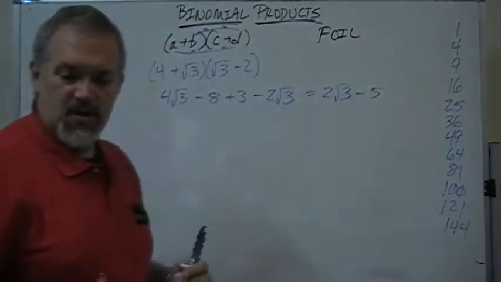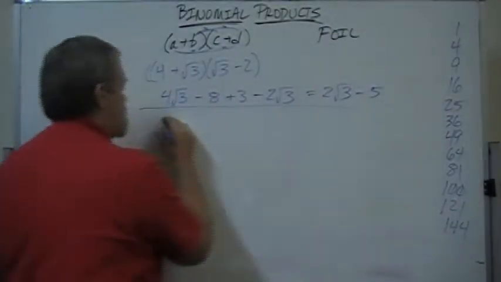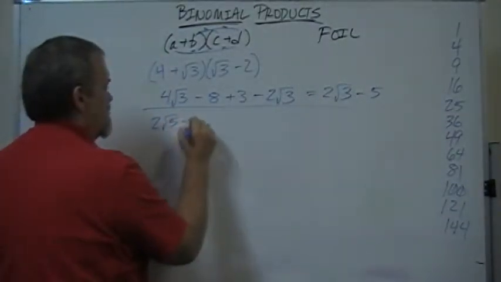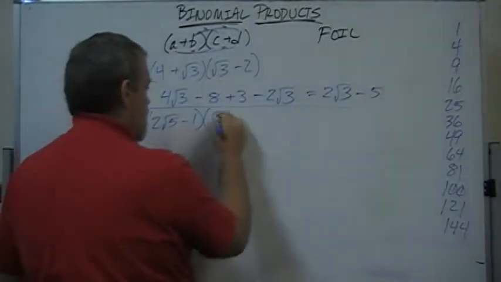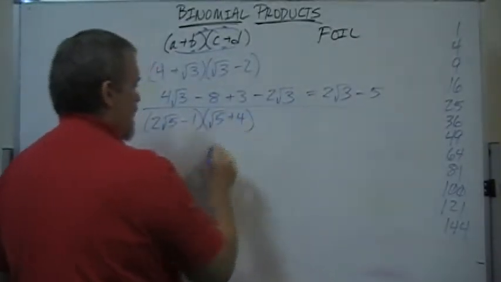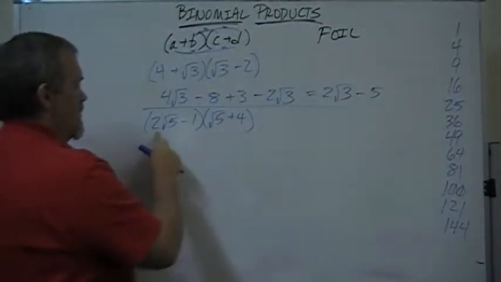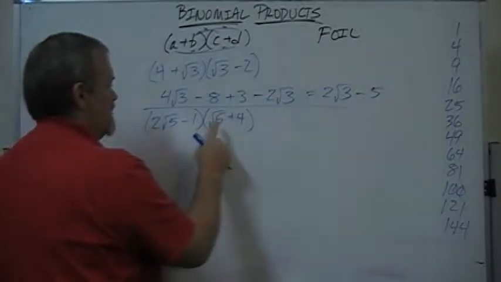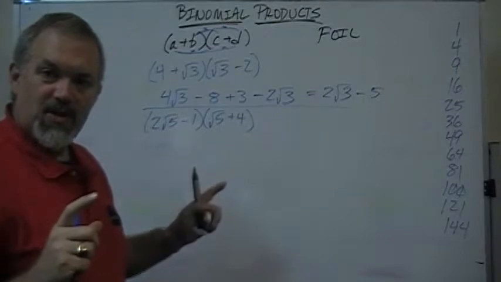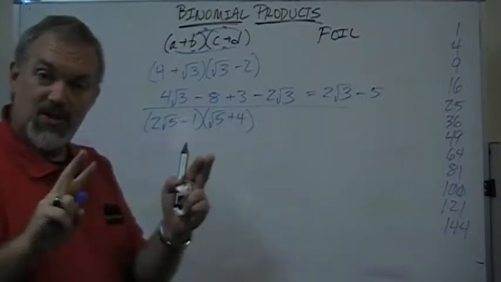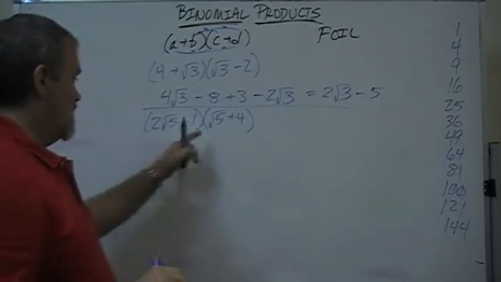Let's use another slightly more complex example. Let's try 2 root 5 minus 1 times root 5 plus 4. We're going to use the FOIL process on these. First two, 2 root 5 times root 5. I'm going to have you do that in your head. We multiply the numbers together, we get 2. Multiply the surds together, root 5 times root 5 gives me 5. 2 times 5 is 10.